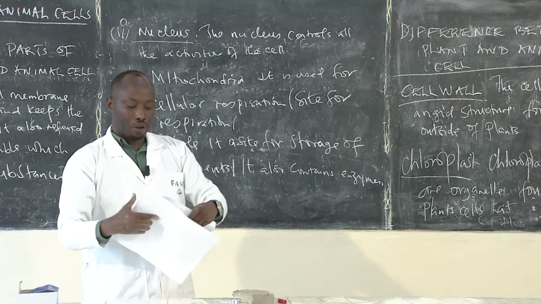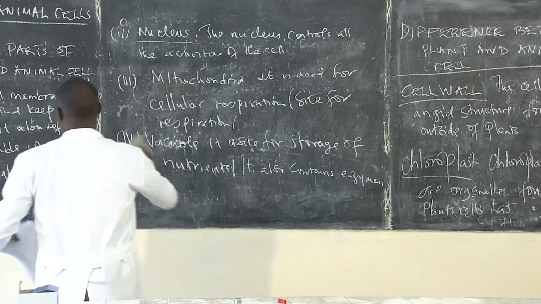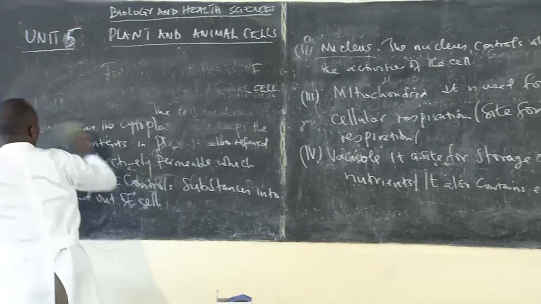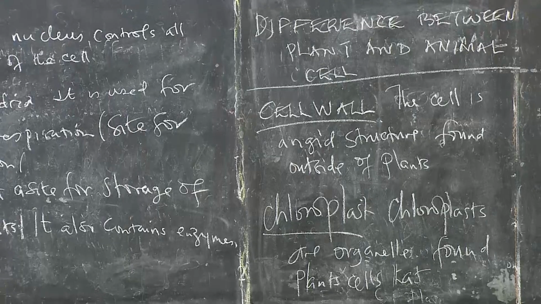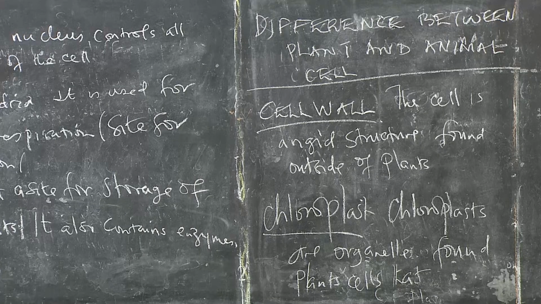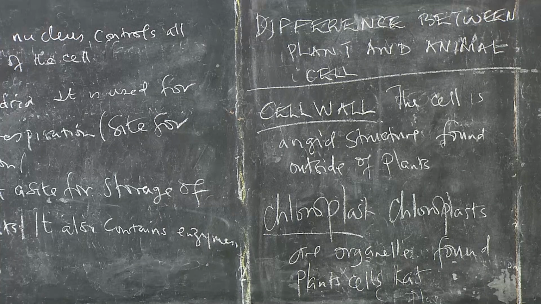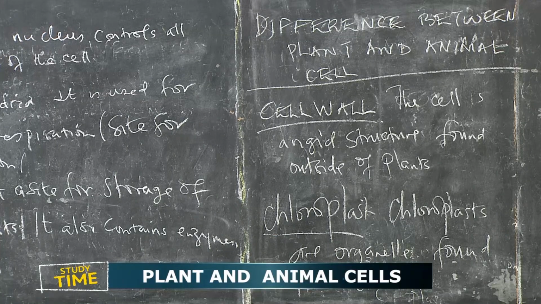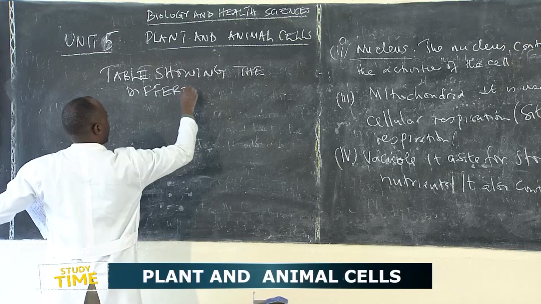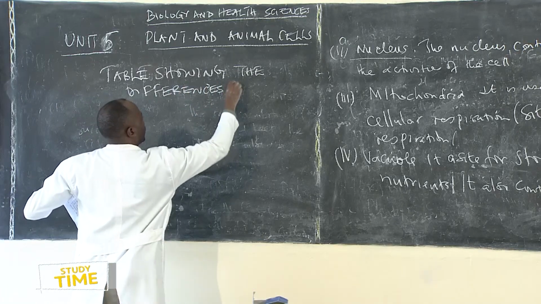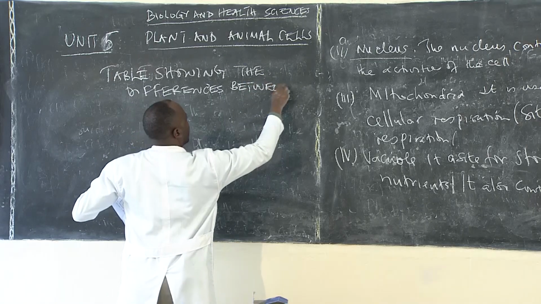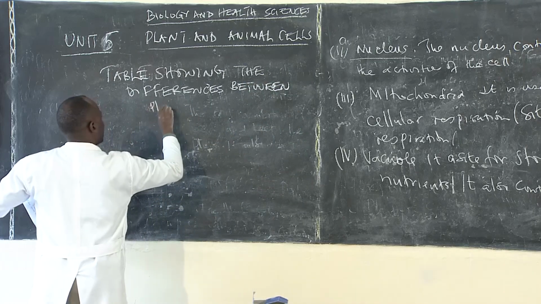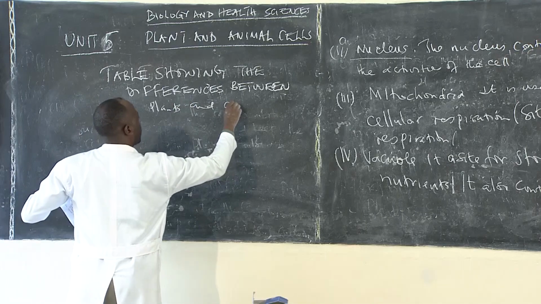Now let's have a table of the differences. A table showing the differences between plant cells and animal cells.